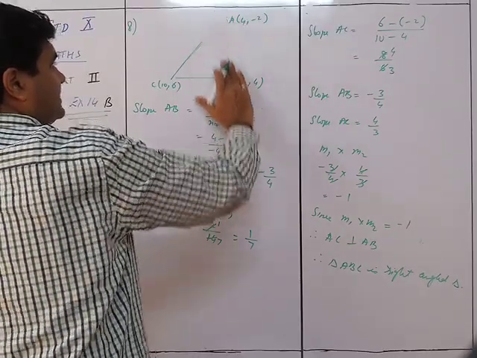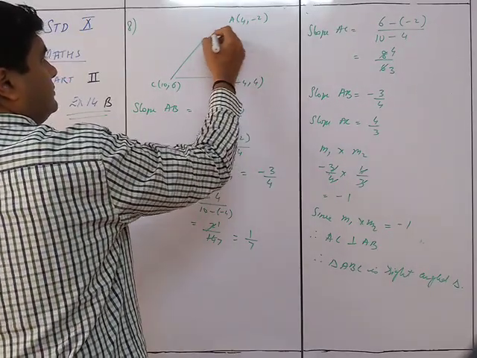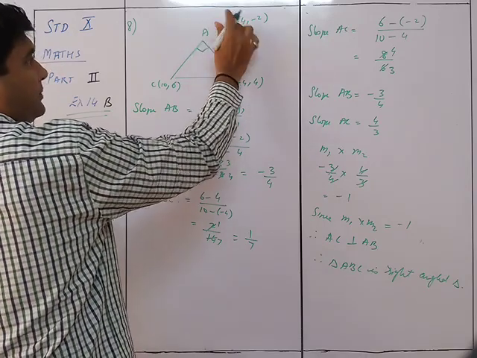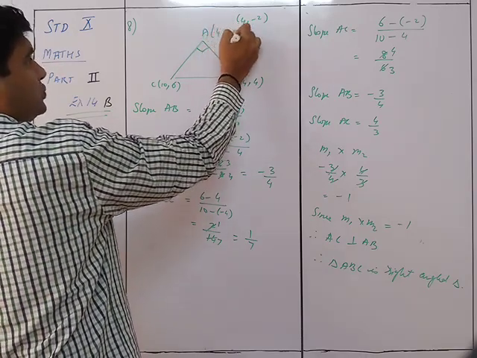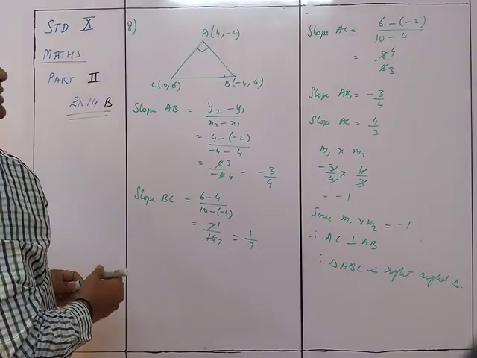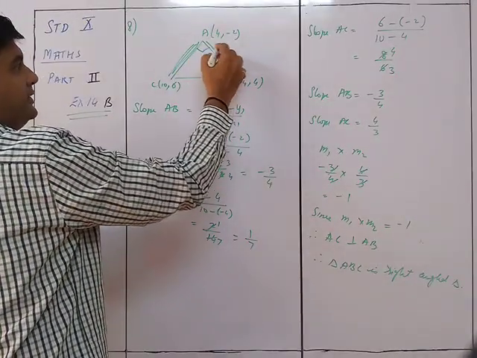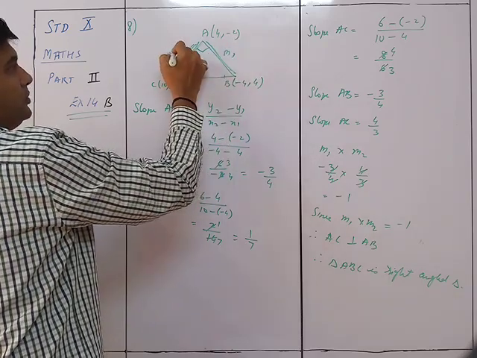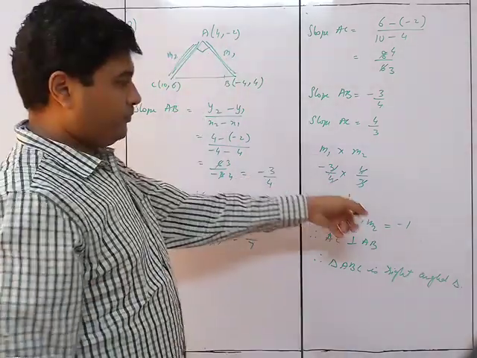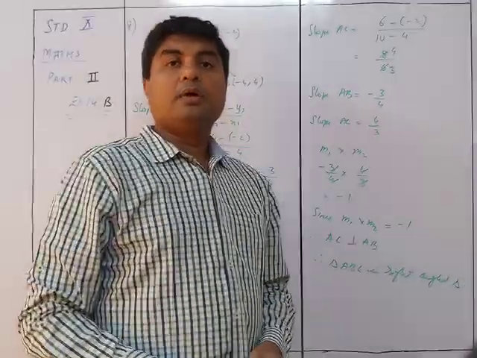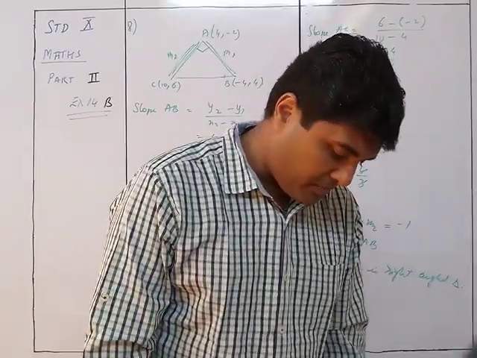So it was something like this. This is 90, this is A, which is (4, -2). This is the actual thing: this slope and this slope, this is m1, this is m2, they are forming minus 1. Got it? So this was sum number 8.